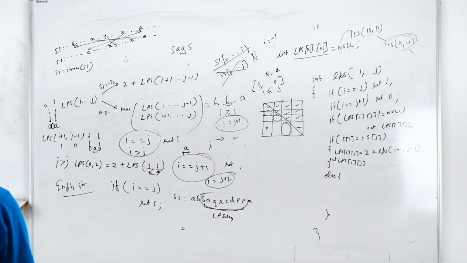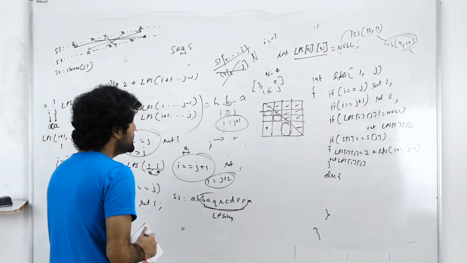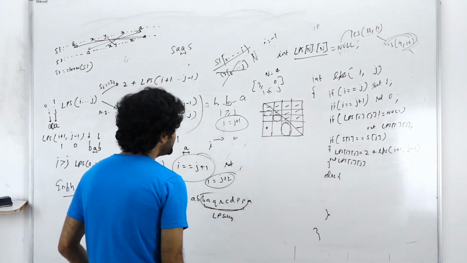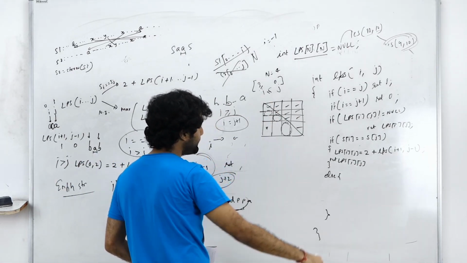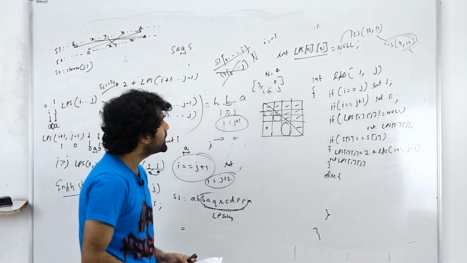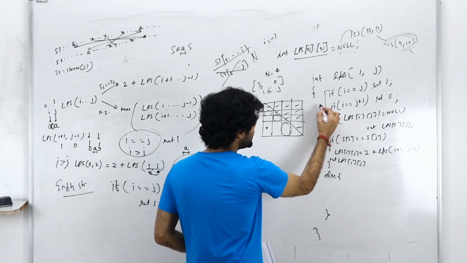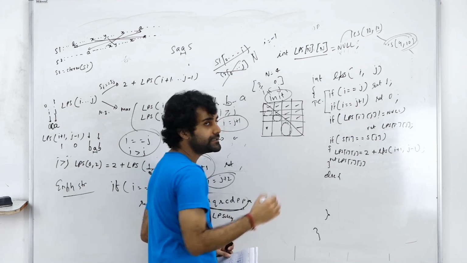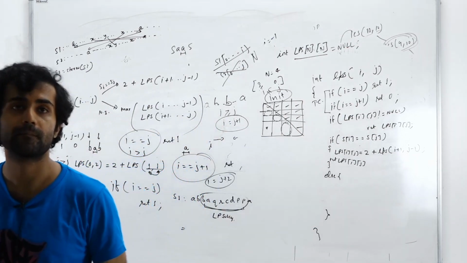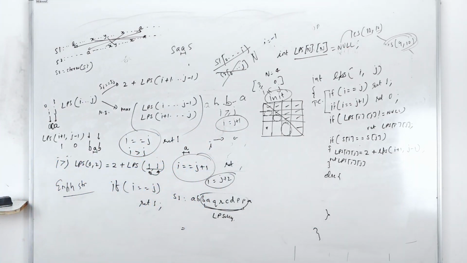Let us see how we can convert it into bottom-up. When we are converting a solution into bottom-up, we fill the table one by one. Your termination conditions correspond to the initializations. Do you remember this? Yes or no? So what is the first thing that I should do?